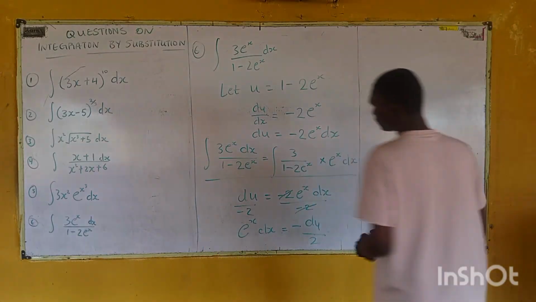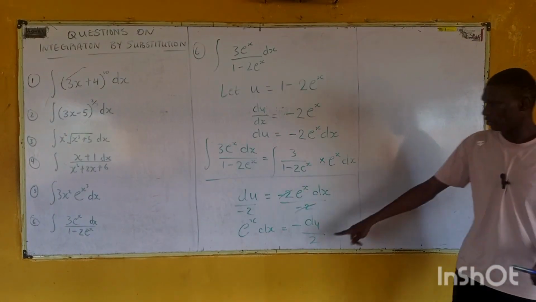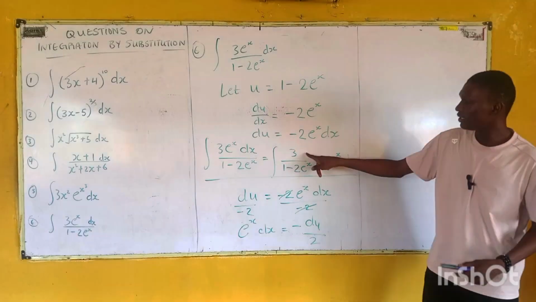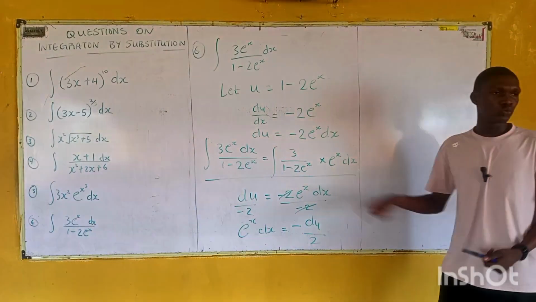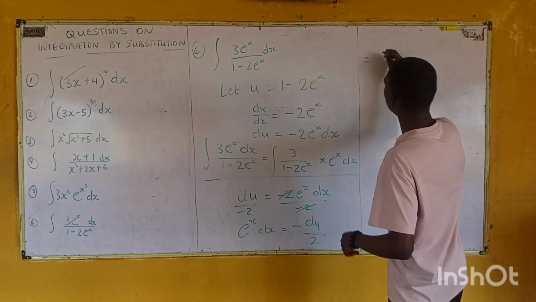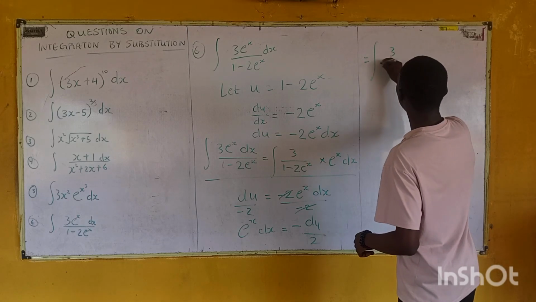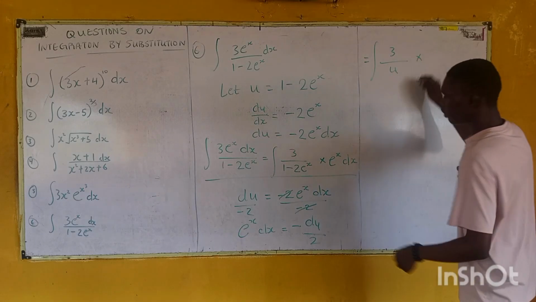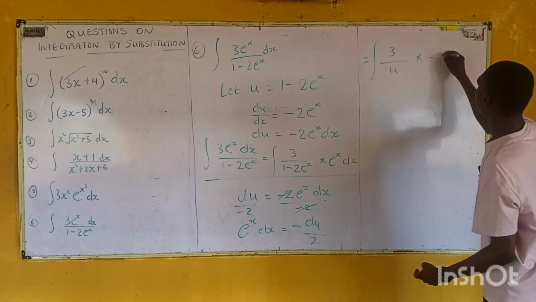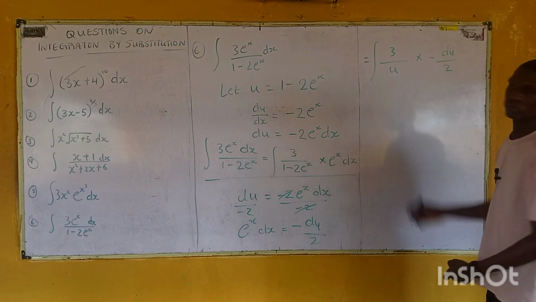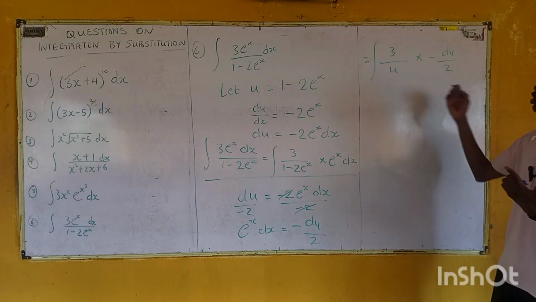So we can go on. We've represented this as minus du over 2, and we can represent this as 3 over u. So we can bring this out and say the integral of 3 over u multiplied by minus du over 2. All right. So we can factor out the constant we have there.